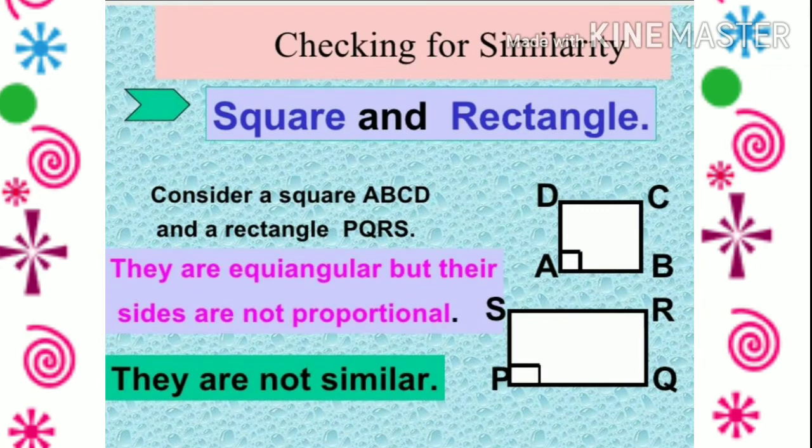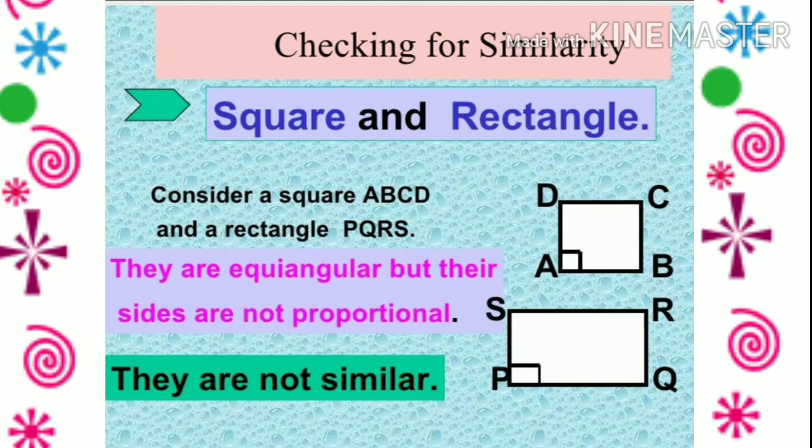We know that all squares are similar and all rectangles are similar, but are a square and a rectangle similar? Consider here square ABCD and rectangle PQRS. They are equiangular. All the angles are 90 degrees, but their sides are not in the same proportion.